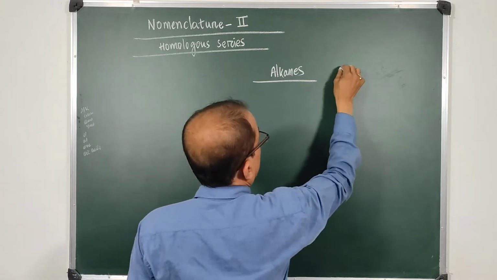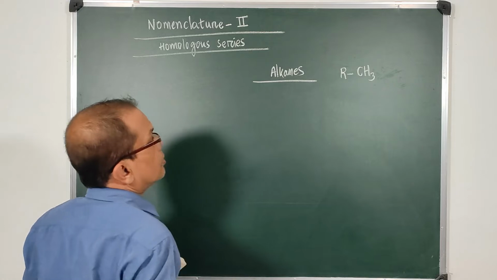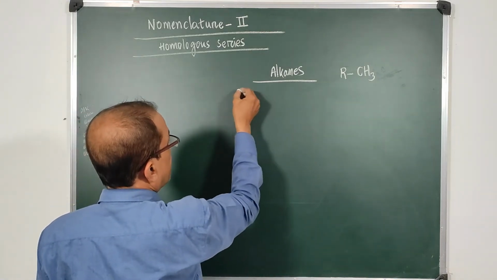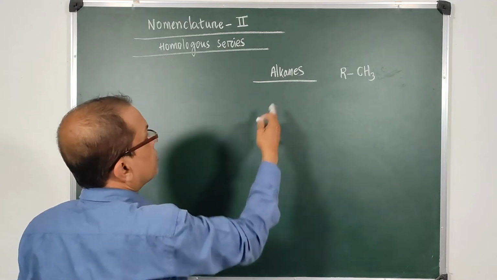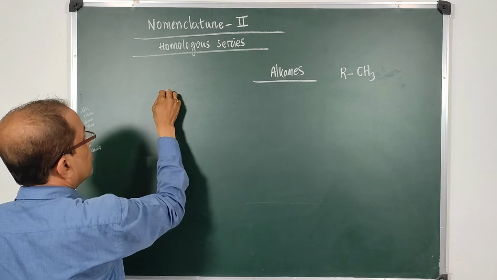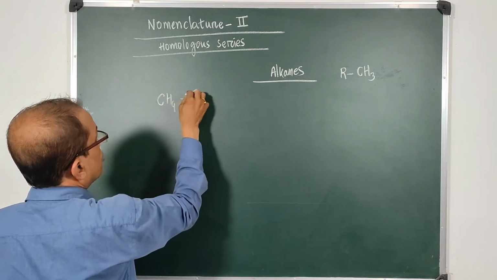The general formula will be RCH3 type. It must end with a CH3. The first one will be the alkane with only one carbon atom, so this will be CH4, which is called methane.